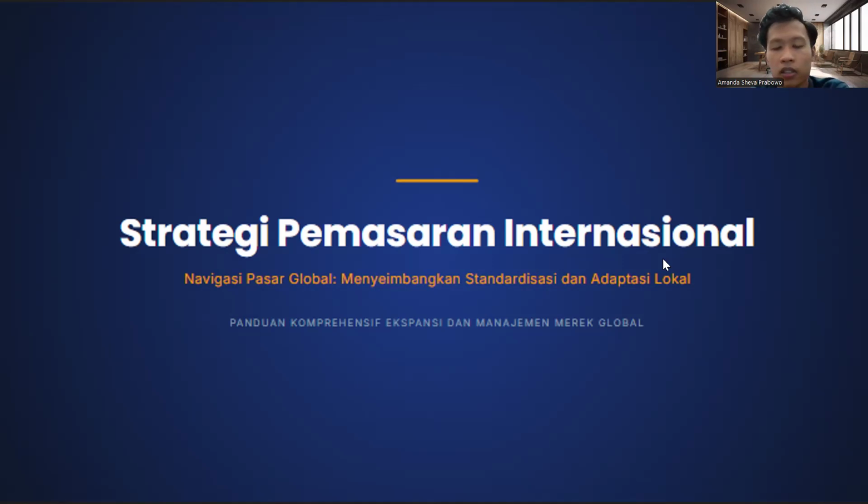Unlike domestic financial management, international finance must deal with multiple currencies and different economic conditions. For example, a company in Indonesia that invests in the United States must consider the exchange rate between the rupiah and the US dollar.